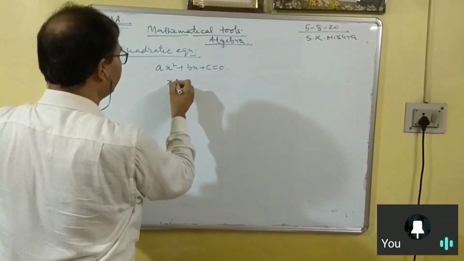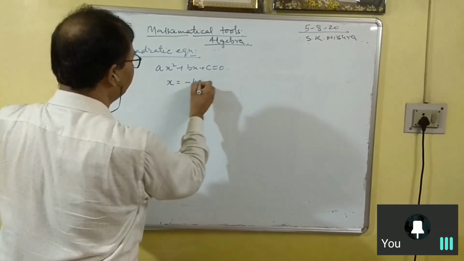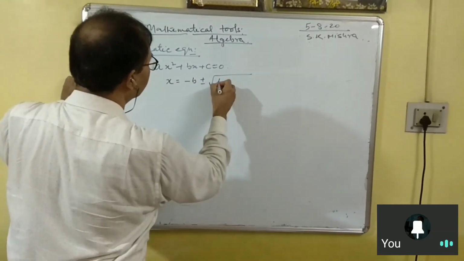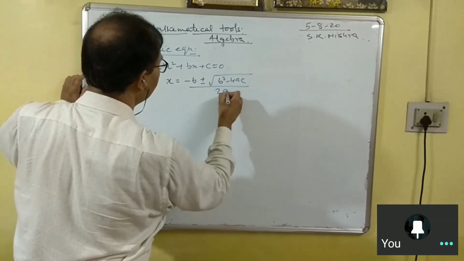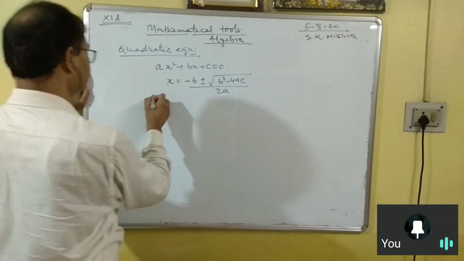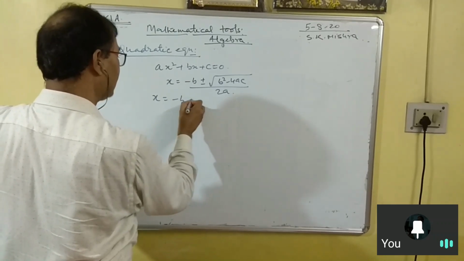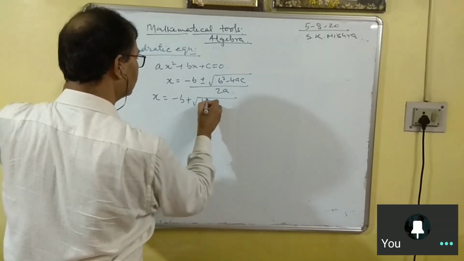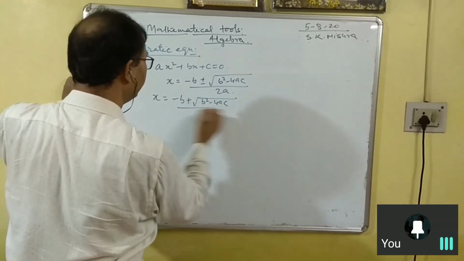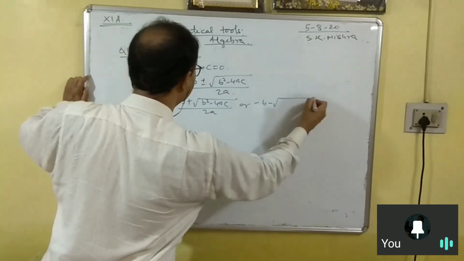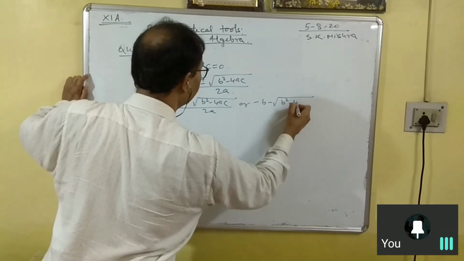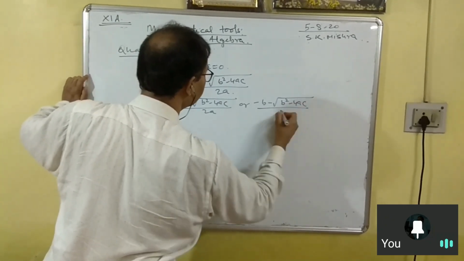What is the value of x? x is equal to minus b plus minus under root b square minus 4ac by 2a. It means x has two values: minus b plus under root b square minus 4ac by 2a, or minus b minus under root b square minus 4ac by 2a.